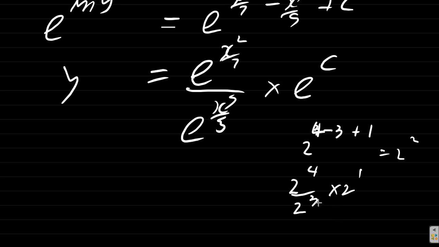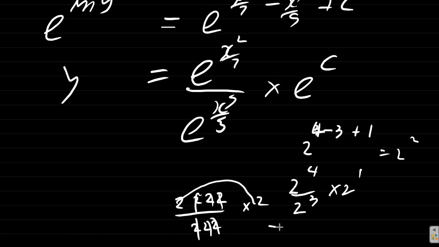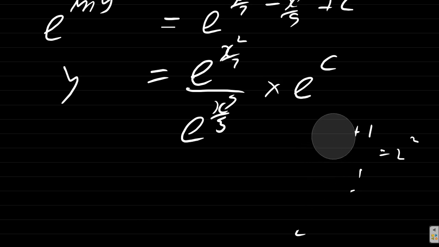Alright? So 2 to the 4 is 2 by 2 by 2 by 2, 4 of them. 2 to the 3 is 2 by 2 by 2, times 2 to the 1 is 2. So when you cancel down, and then 2 times 2 gives you 2 squared, right? You have to remember your rules of indices and your rules of logarithms as well.